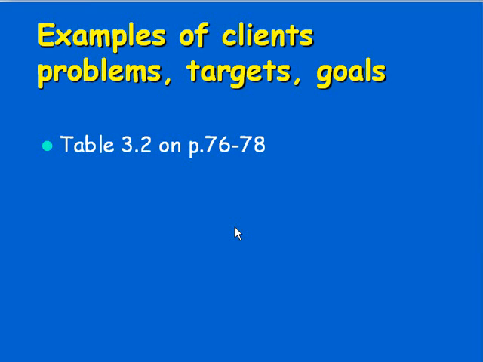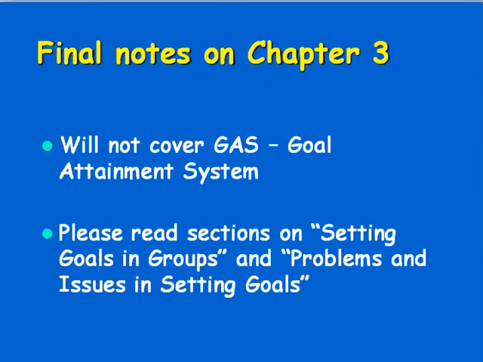So if what we've talked about so far seems abstract, this table should help give you examples to understand what we've been talking about. Final notes on Chapter 3.